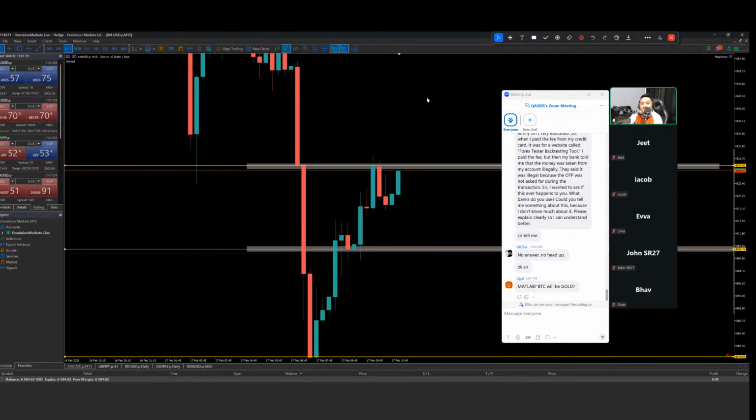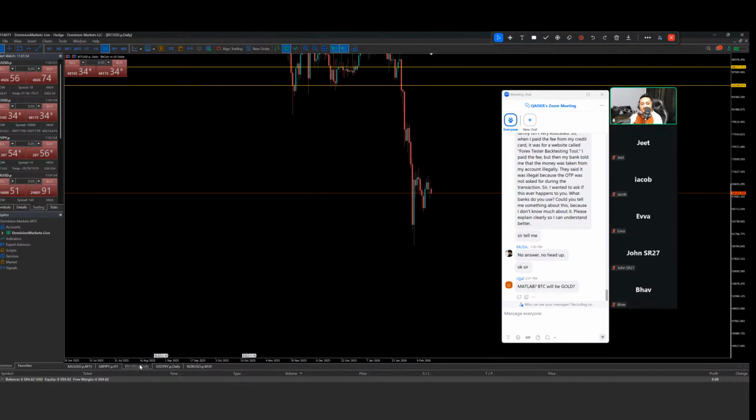BTC will be gold, I think. Gold will be BTC. Look at the price of gold right now, it's 4927. Look at the price of BTC right now, it's standing at 66,165.